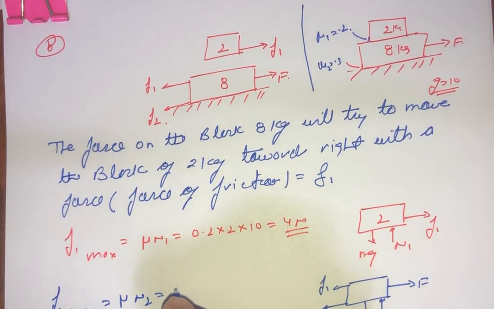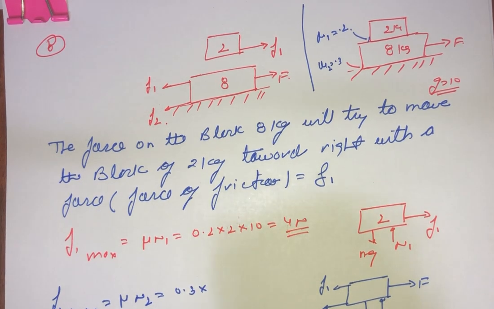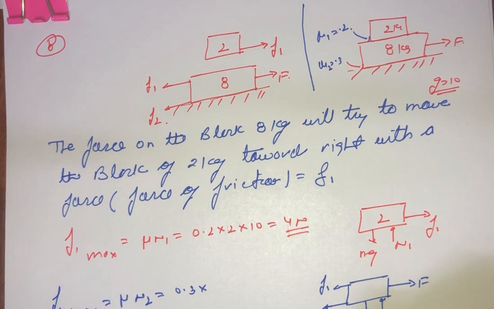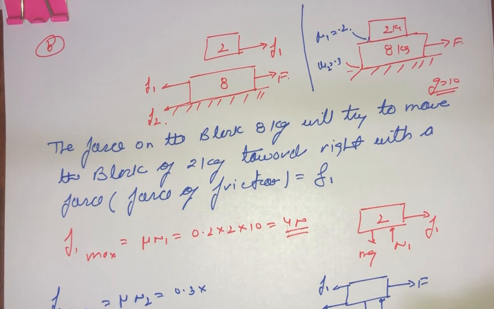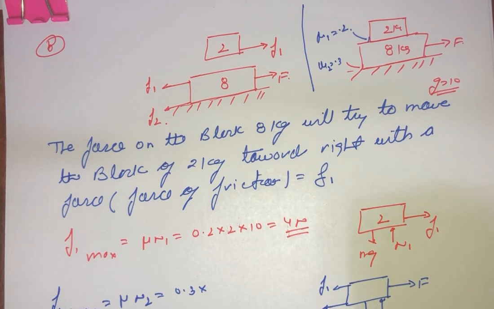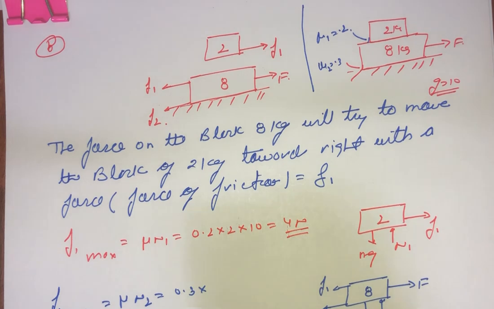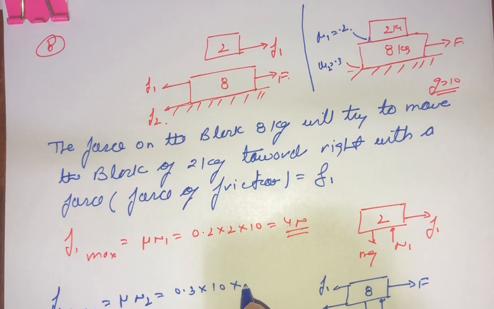Mu is given as 0.3, and N2 will be capital Mg, where capital mass will be the summation of 2 and 8. So this will be 10 into 10, and we get 30 Newton.